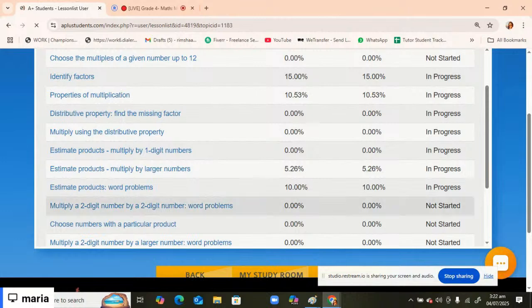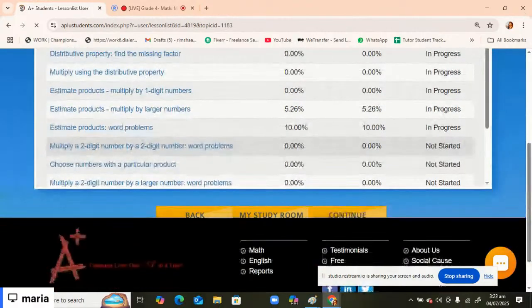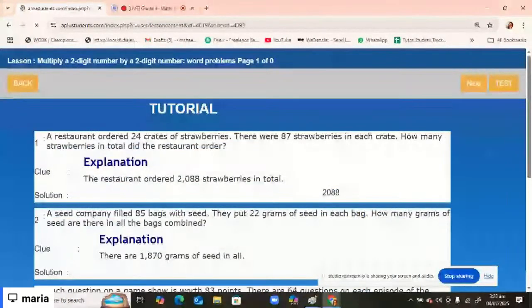Now let's discuss multiplying a two digit number by a two digit number, word problems. So here is the question. Let's read it.